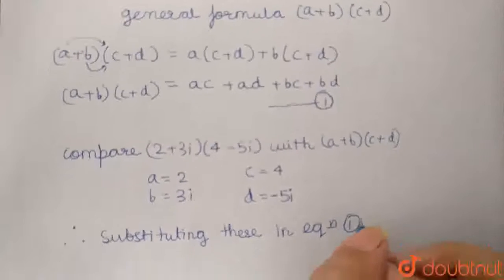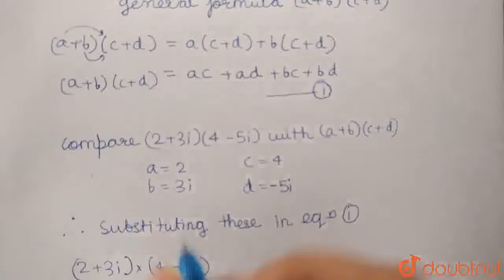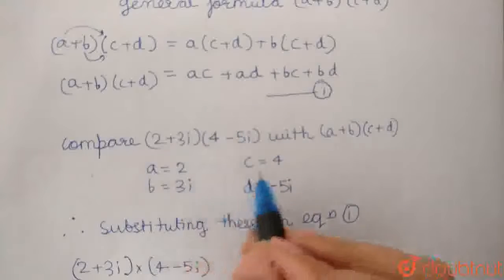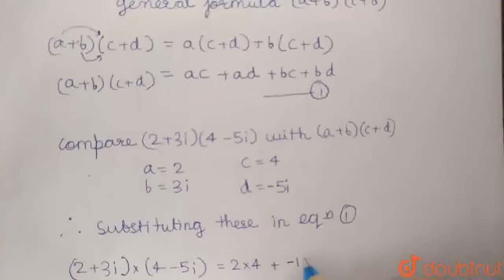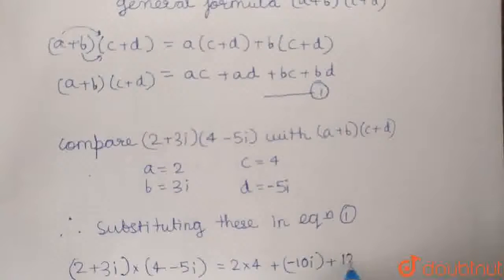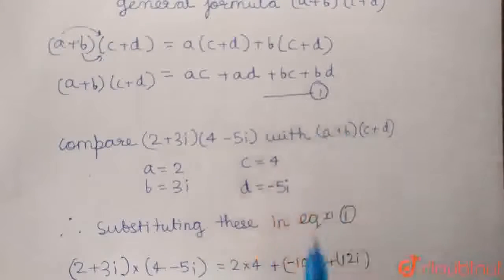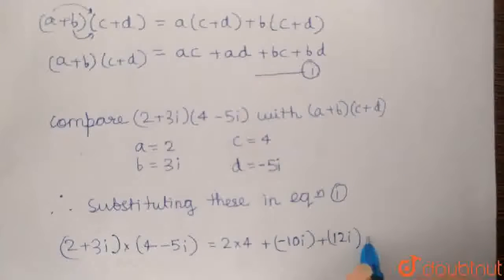Upon substitution, we see that (2 + 3i) multiplied by (4 - 5i) is equal to ac, which would be 2 into 4, plus ad, which would be 2 into minus 5i, which is minus 10i, plus bc, which is 3i into 4, equal to 12i, and bd, which is 3i into minus 5i, which would be minus 15 i square.